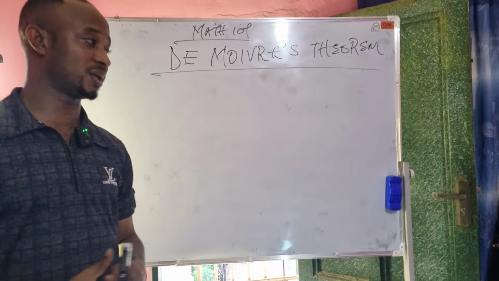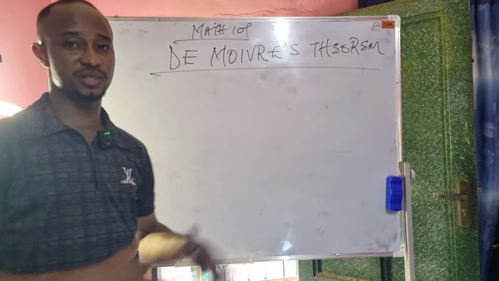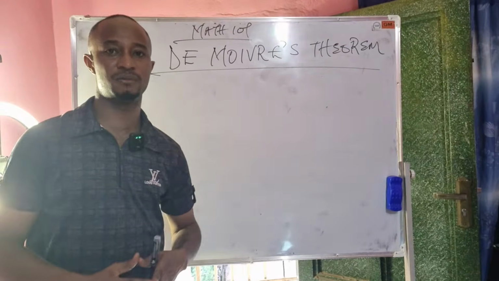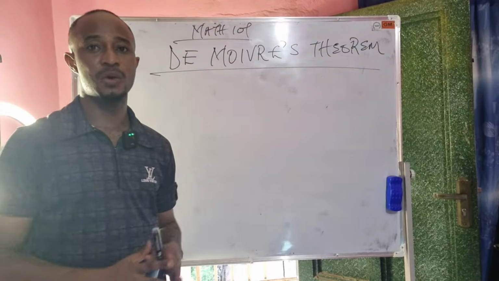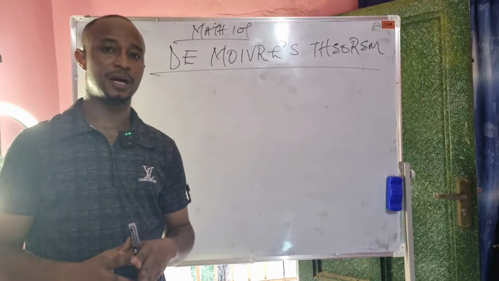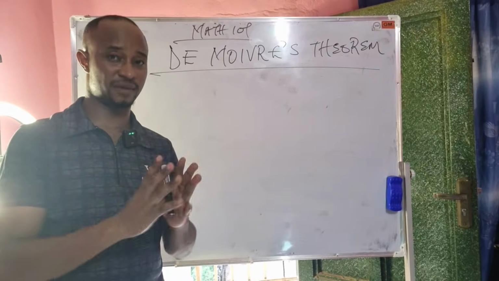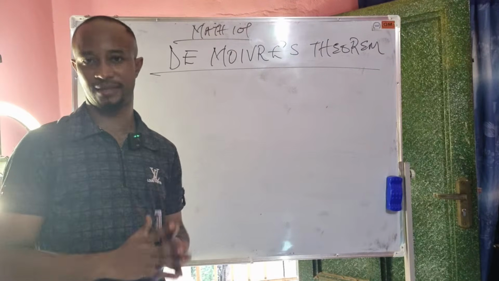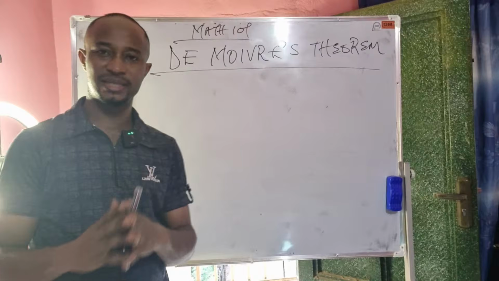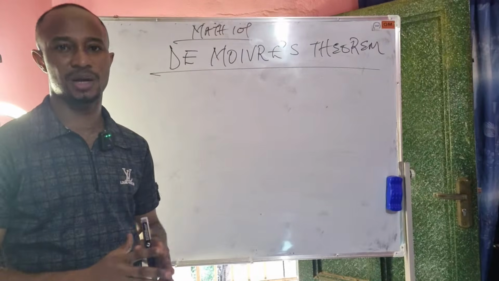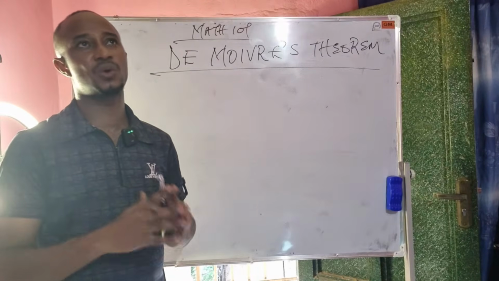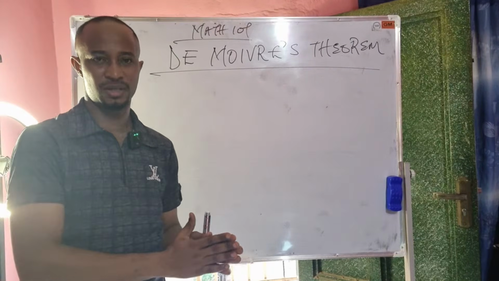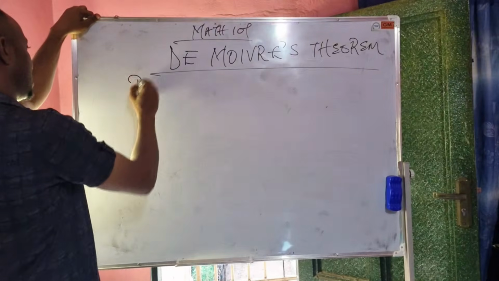I'll be explaining this theorem and I'll also give an example of it. The theorem states that to raise a complex number in polar form to the power of n, we raise the modulus to the power of n and multiply the argument, the angle, by n. I repeat again, to raise a complex number to a power of n. Moivre's theorem is also called the power of a complex number in polar form.